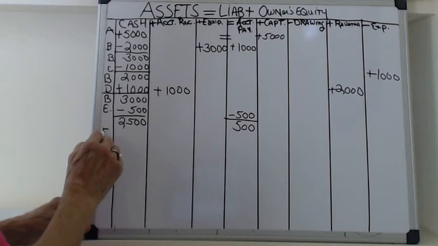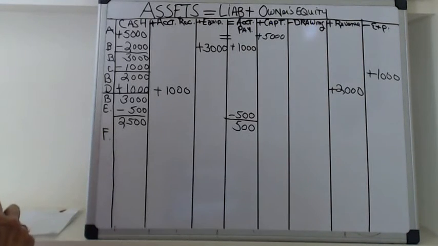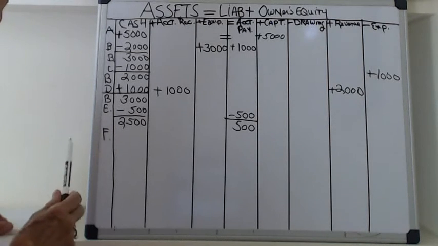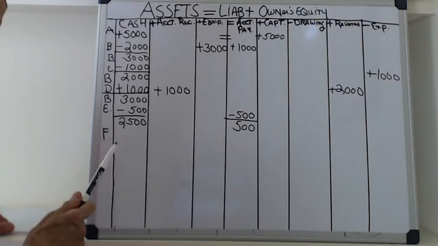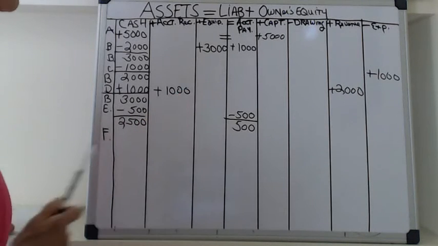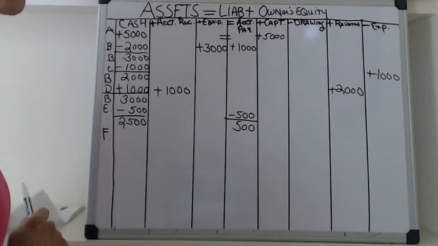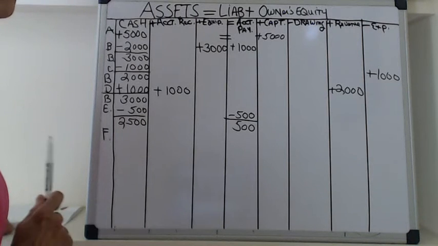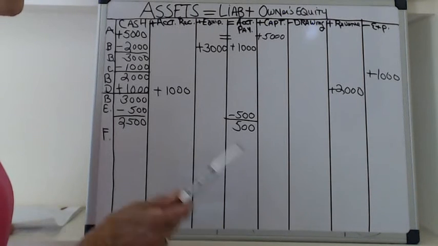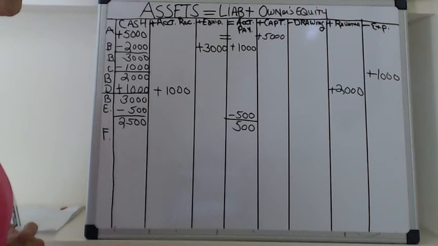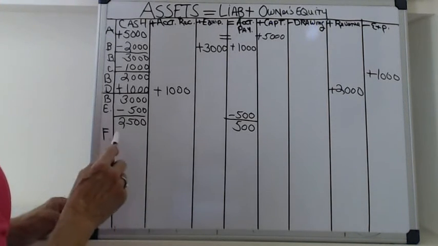The next transaction, F. His customer who owes him $1,000 is making a payment to him of $500. She says, oh, I have $500 that I'm going to pay you now, and I'll still owe you $500 more. So he's going to go to cash.